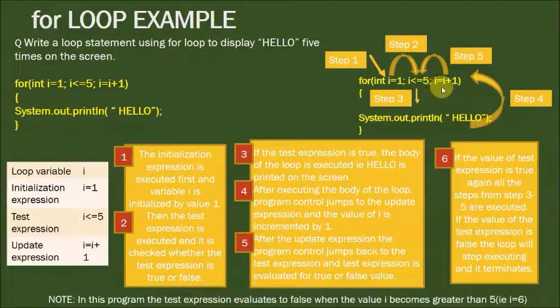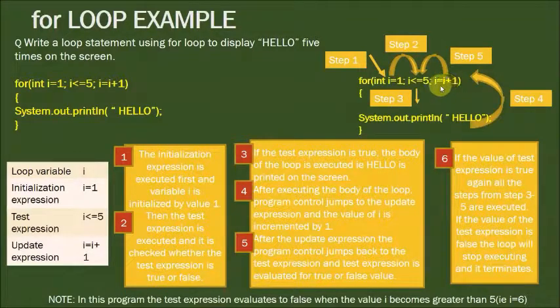In this case, the update expression is i = i + 1. So i will be increased by 1; earlier it was 1, so it will become 2. After the update expression, the program control jumps back to the test expression. You can see here, this is the arrow.